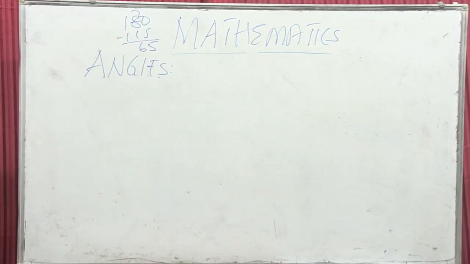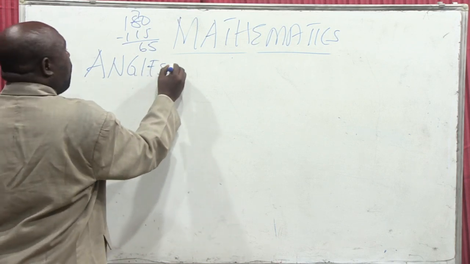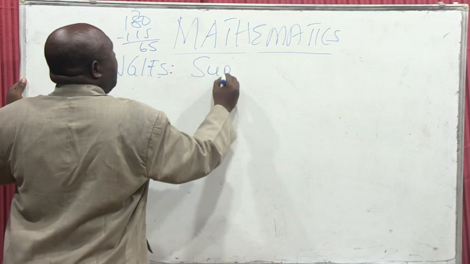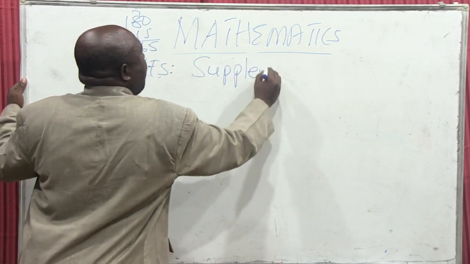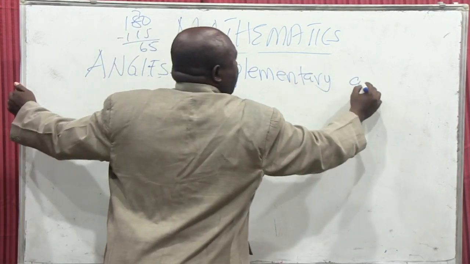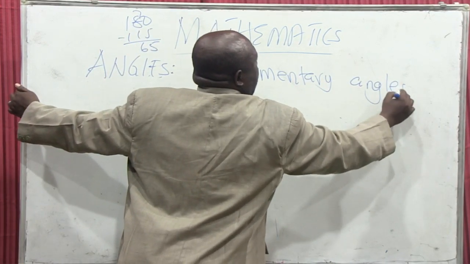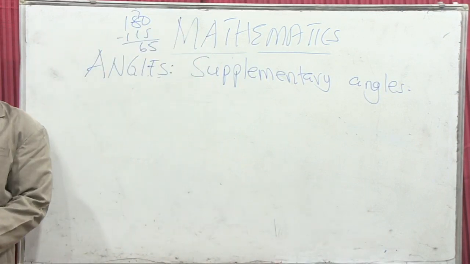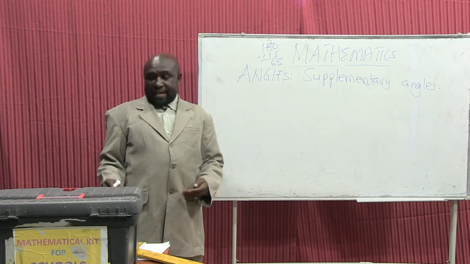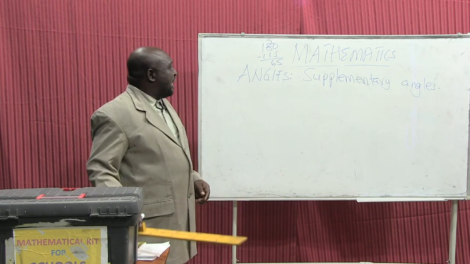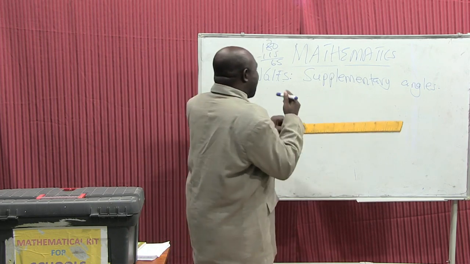Let's go to another angle relation: supplementary angles. With supplementary angles, you just need a straight line.